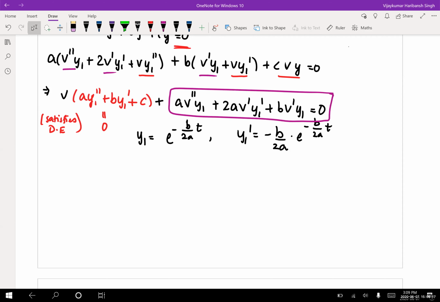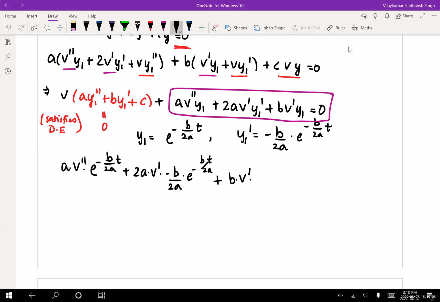So what do we get then? First one is y1, so a times v double prime, which we don't know yet, which we are trying to find, times e to the power minus b by 2a t, plus 2a v prime y1 prime, which is minus b by 2a times e to the power minus b by 2a t, and then b times v prime y1, where y1 is e to the power minus b by 2a times t.